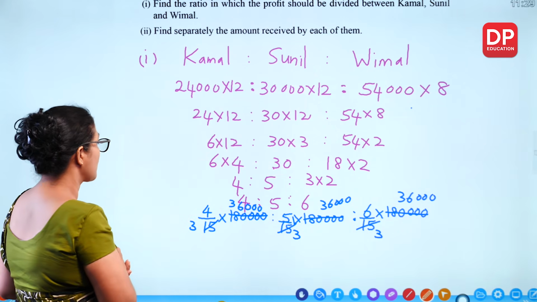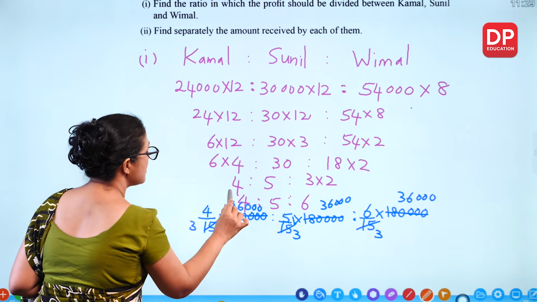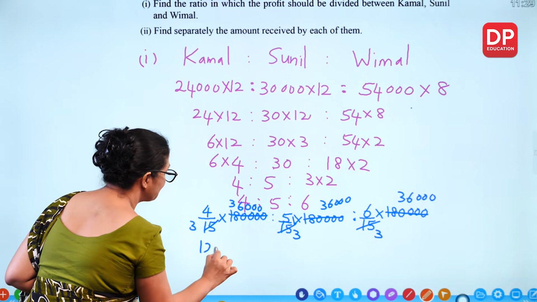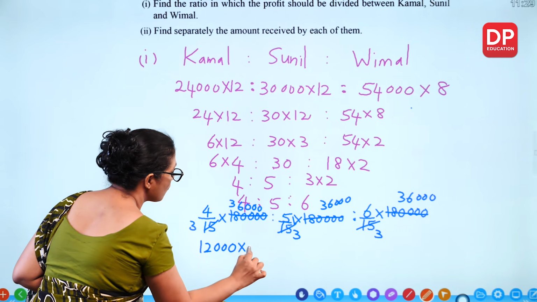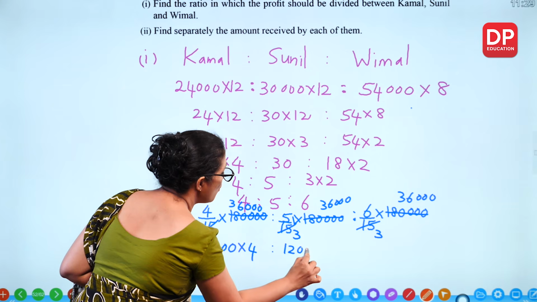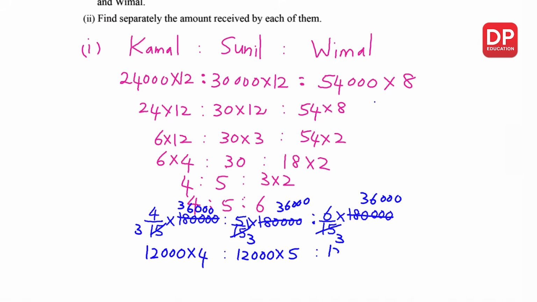Now, this one you can divide by 3 again. So you get 12,000. So 12,000 into 4. This one 12,000 into 5. And this value is 12,000 into 6.